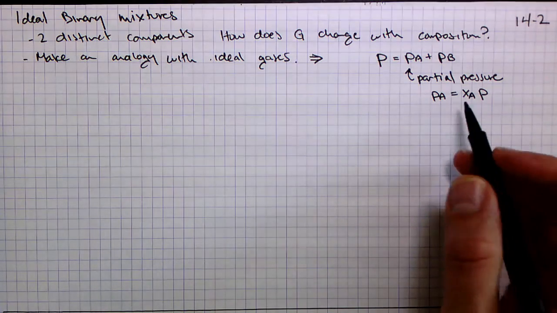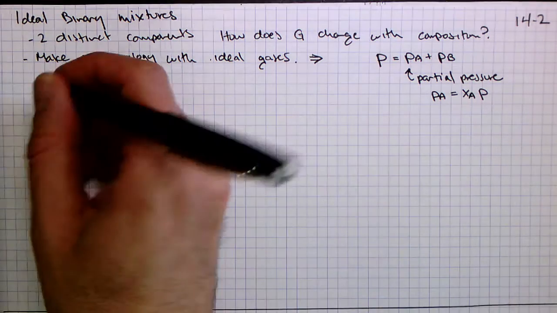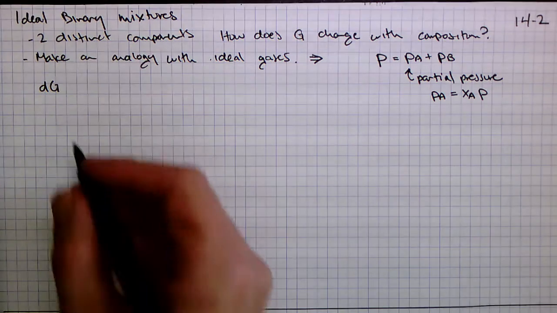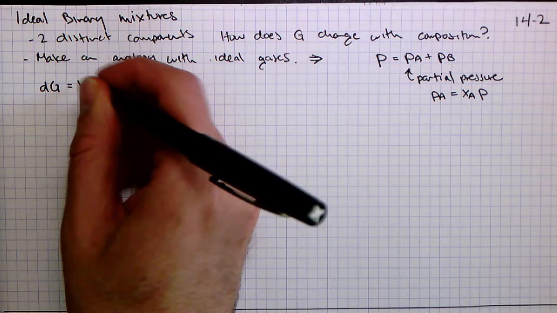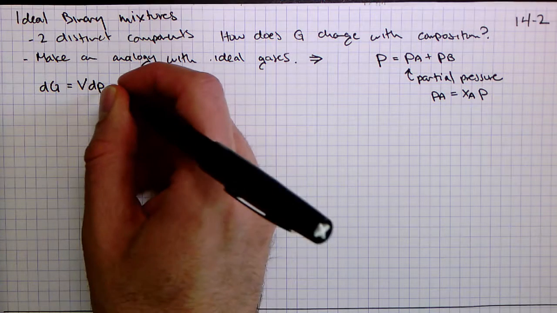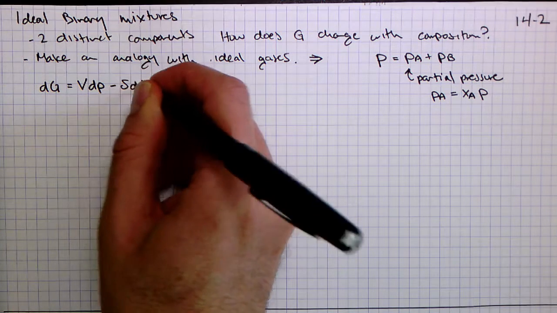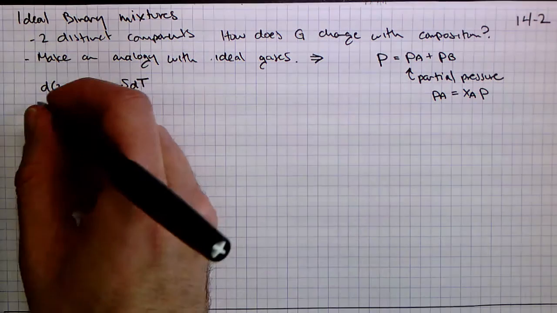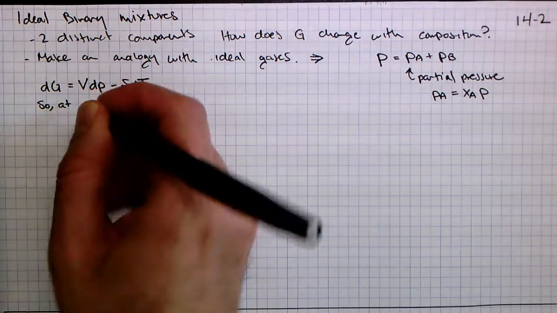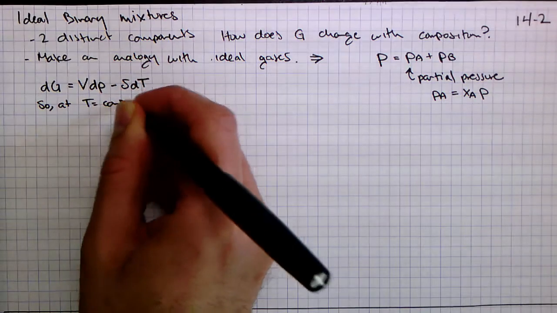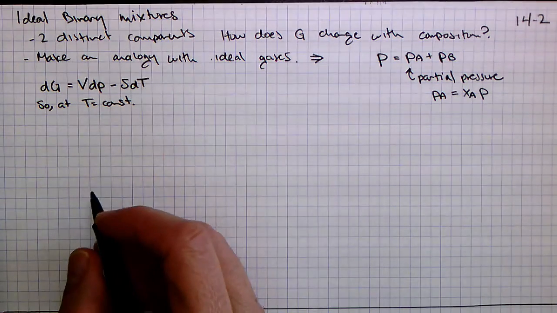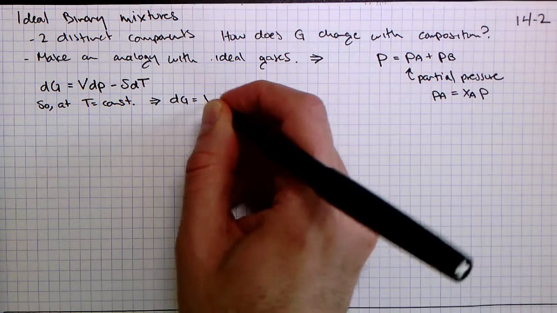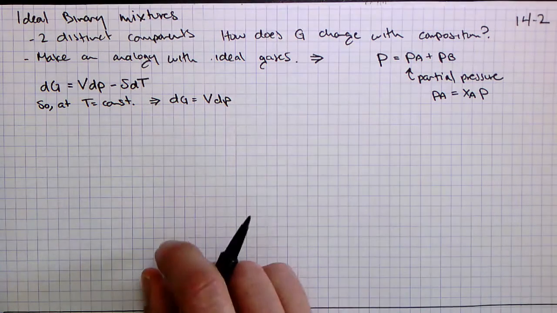Okay. Now we also know that in general, if we think about an increment of the Gibbs free energy, that's equal to V dP minus S dT. So at constant T, we know that dG is just equal to V dP, right?